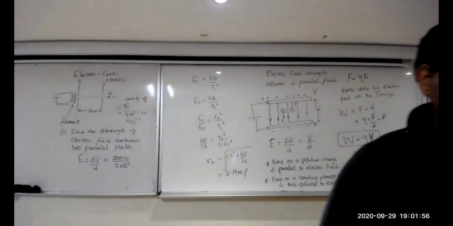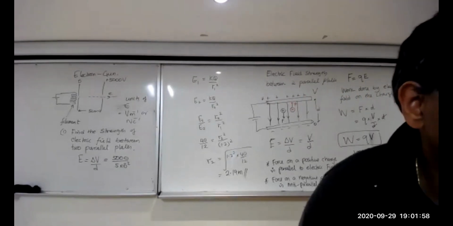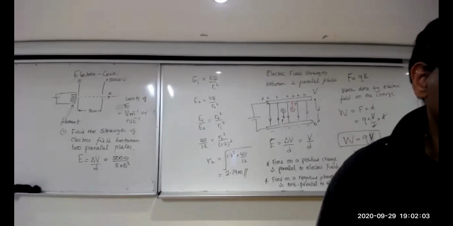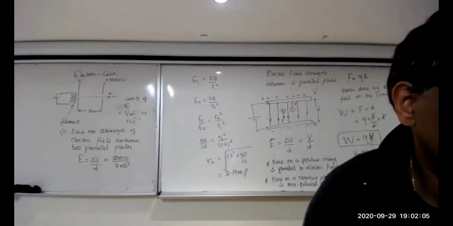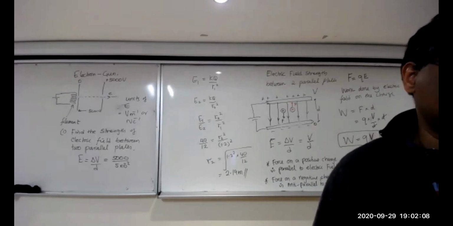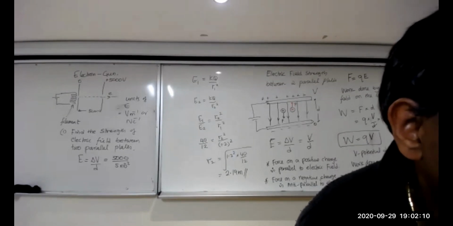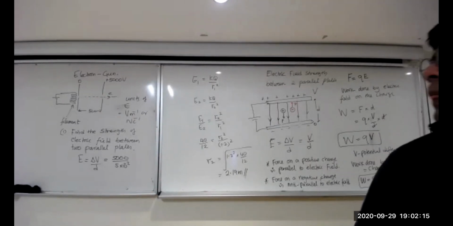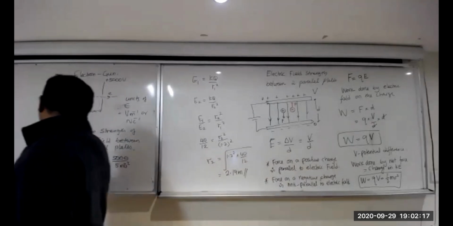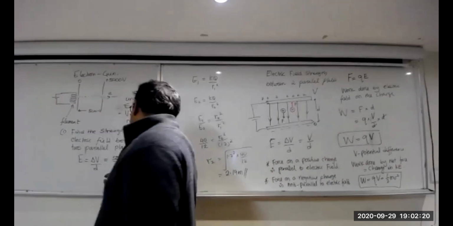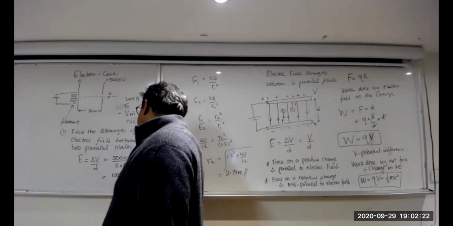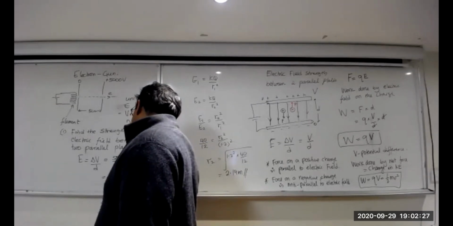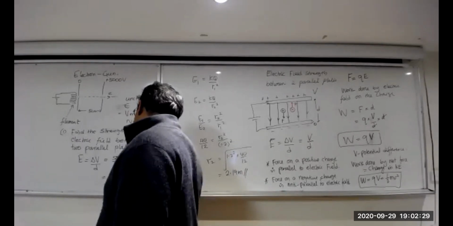That's how you find the electric field strength. That's 10 to the power 5 volts per meter.